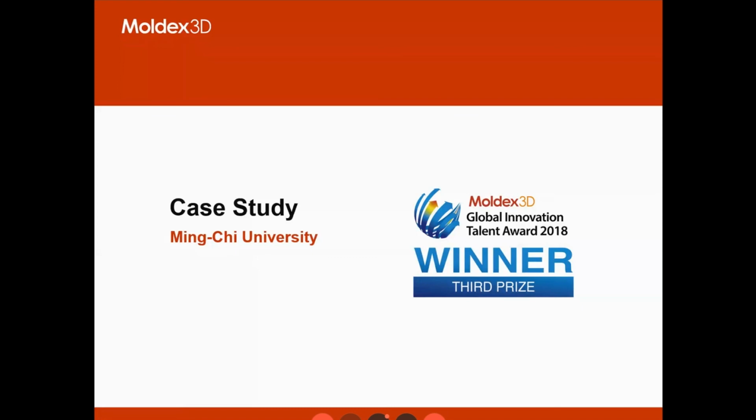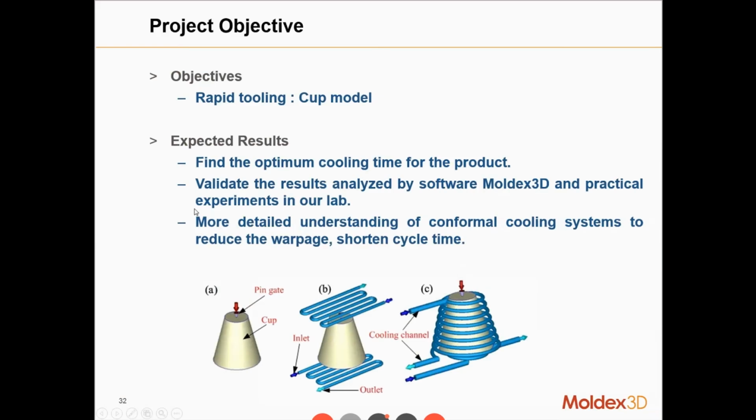I'm going to explain later what they are actually doing, but a disclaimer here: because this is a purely academic project, some of the standards they use are different from what is used in the commercial injection molding industry.